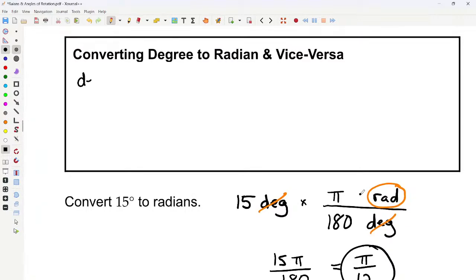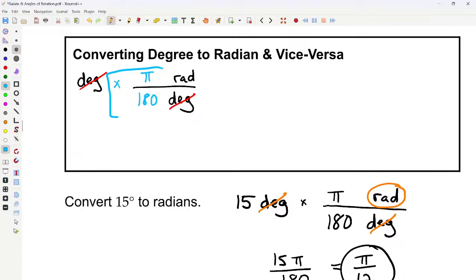You take degree, you get rid of degree, you go to radian. These are going to cancel out. And at the end of the day, you're going to multiply by pi over 180. That's really what's going to happen every single time.